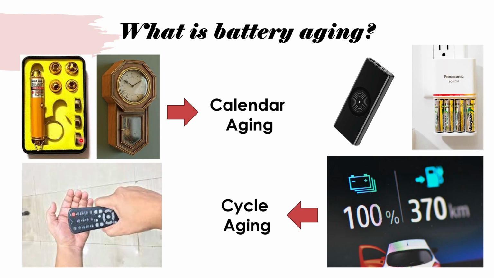So when you use a power bank and charge it again, you're basically discharging and charging, which is known as cycle aging. Calendar aging is a slow degradation process as compared to cycle aging, which is an accelerated one. So with this background, we are ready to understand different aging mechanisms and its causes.